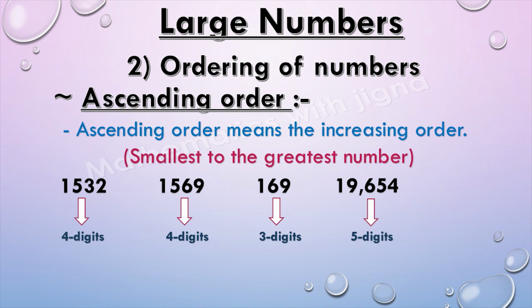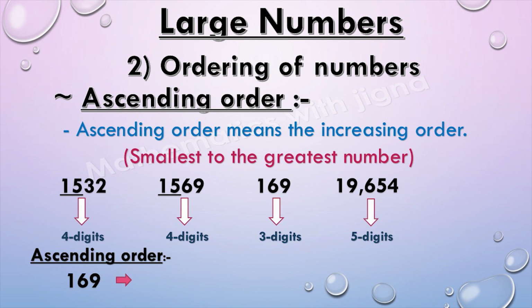So among them, the third number is the smallest number. So write it first, 169. Then the first and second numbers have the same number of digits. So compare their digits left to right. Here the first 2 digits of both the numbers are equal, and at the tens place we find the different digits 3 and 6 respectively.